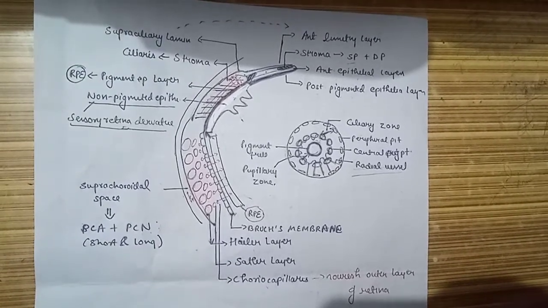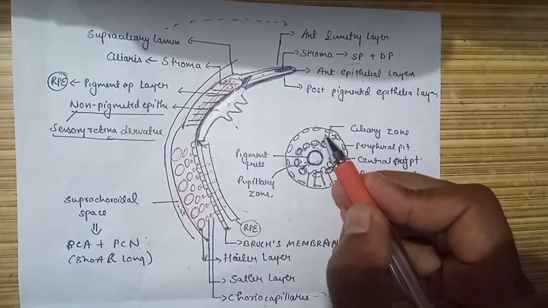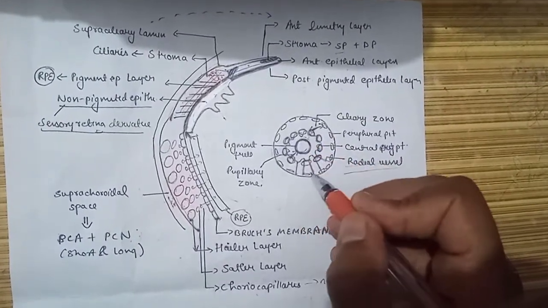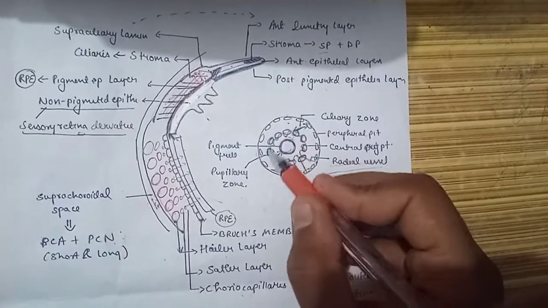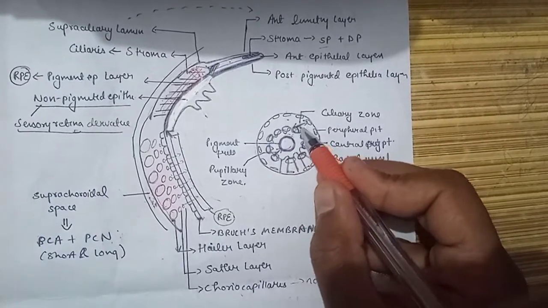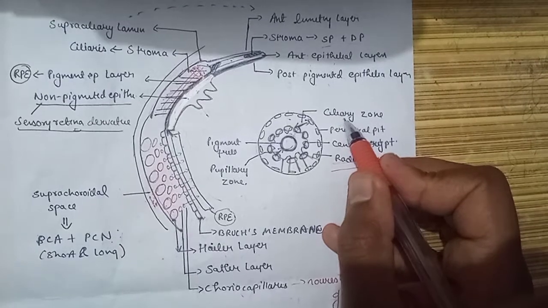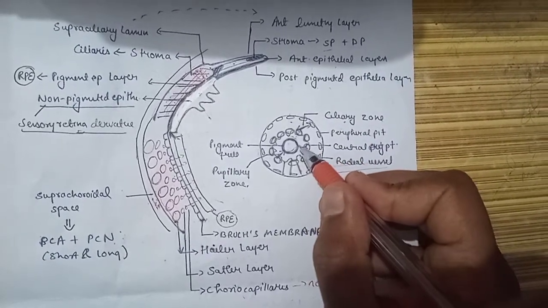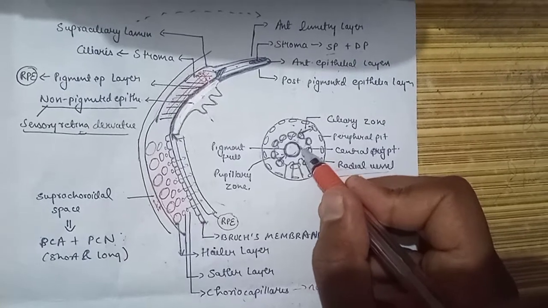So let's go into some further detail of the iris. This is the frontal, microscopic view of the iris. We see there are two zones. The peripheral zone is known as the ciliary zone, and the central pupillary zone is known as the pupillary zone.